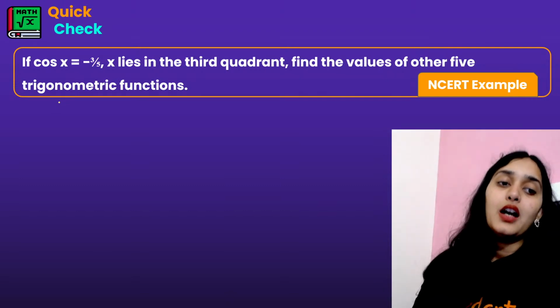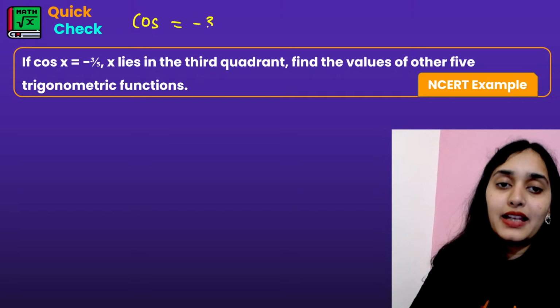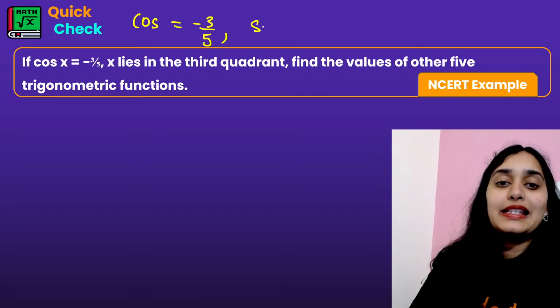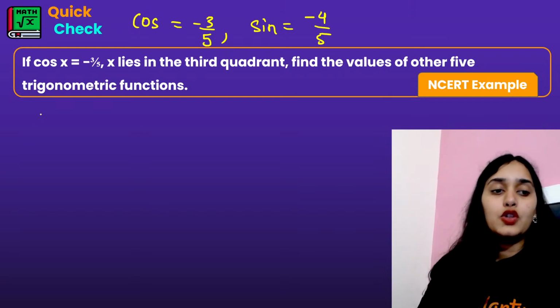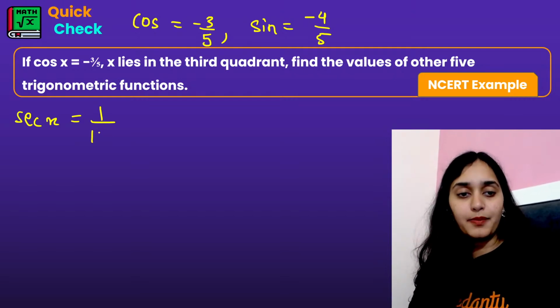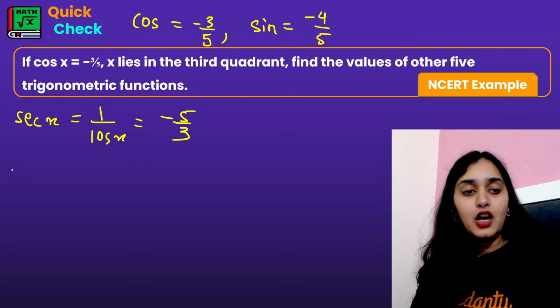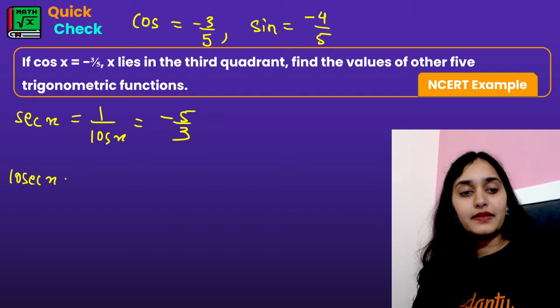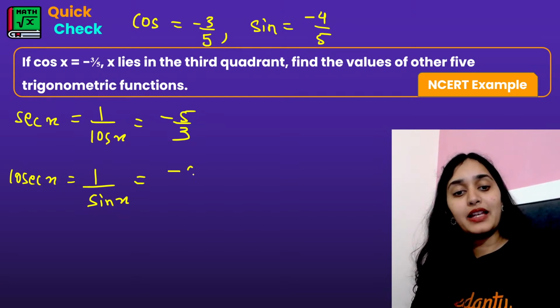Similarly, till now we have seen cos is -3 by 5 and sine is -4 by 5. So we know that secant of x is 1 upon cos x, so it will be -5 by 3. Cosec x is 1 upon sin x, so it will be -5 by 4.